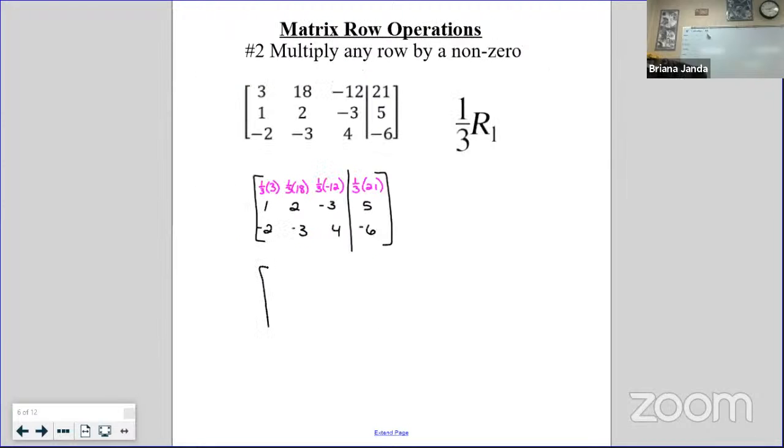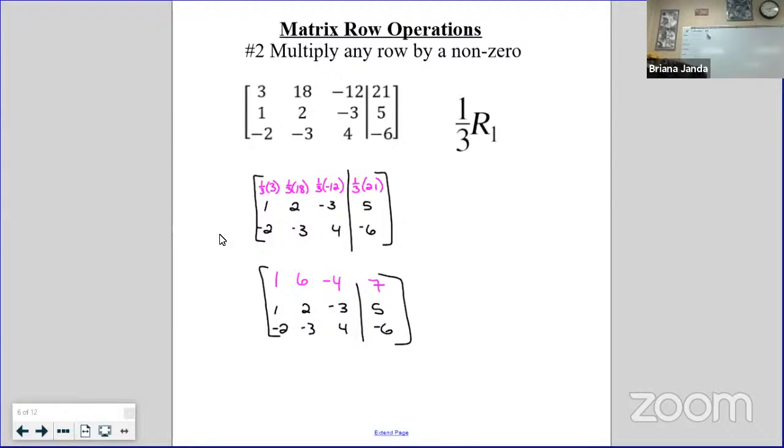And ultimately our result would be basically dividing each of those by 3, which would be a 1, 6, -4, and 7. Okay, questions?